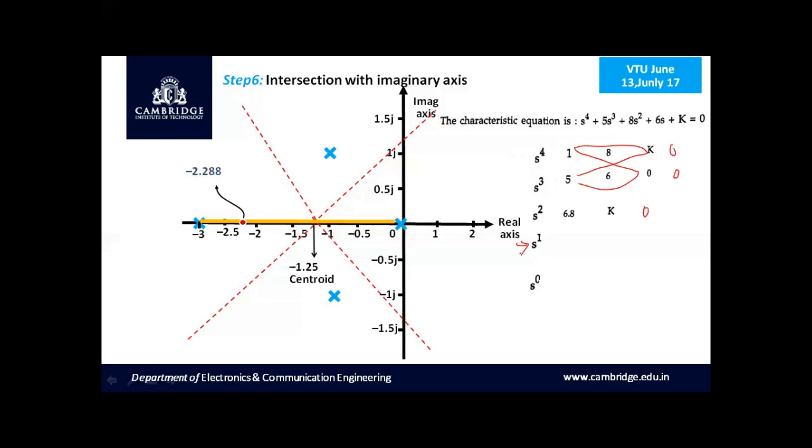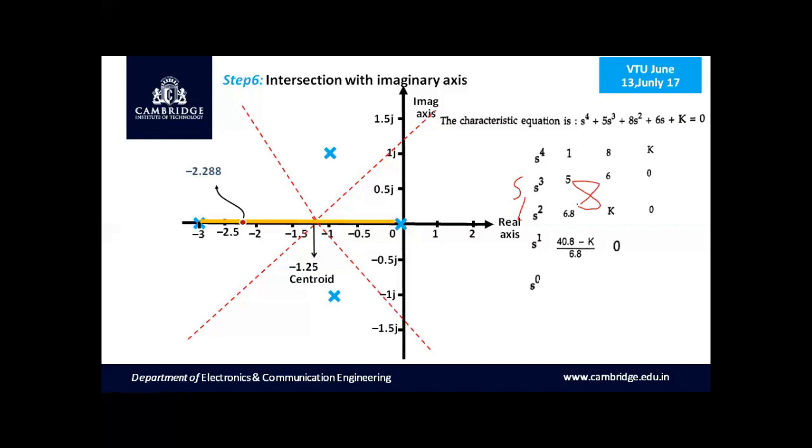Moving on to the s to the power 1 row, we make use of the previous two rows as the reference and follow the formula 6.8 into 6 minus 5 into k divided by 6.8. Therefore, it will be 40.8 minus k divided by 6.8. And the second element will be equal to 0.